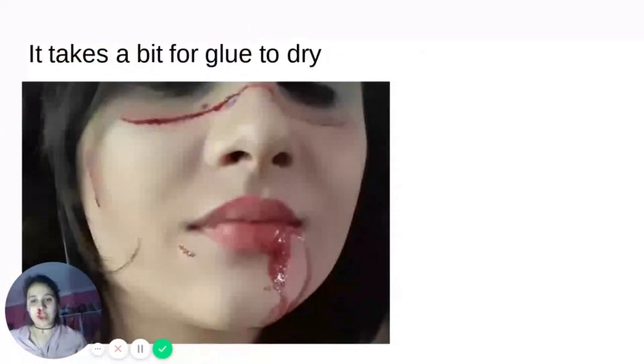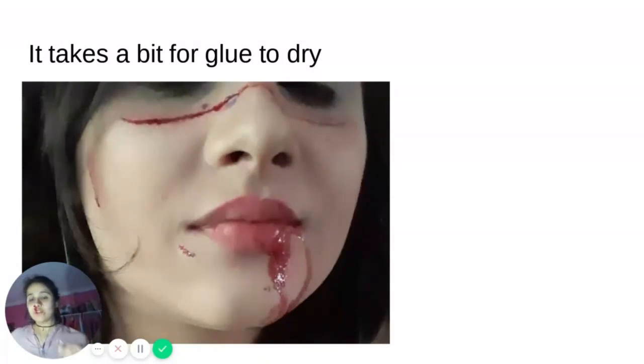It takes a bit for glue to dry. As you can see in the picture there, I have some purple still left over from the glue I was using. This is okay. It is normal. It takes a little bit for glue to dry. If you are not a patient person, you can use a blow dryer if you prefer.